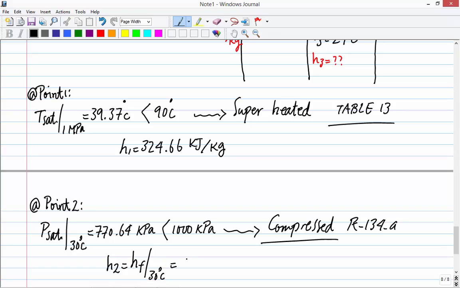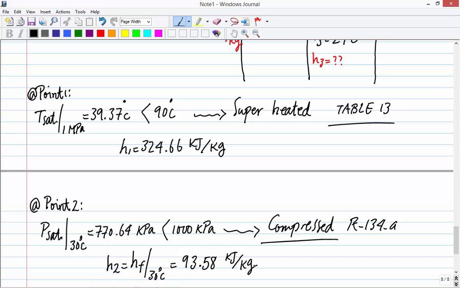It doesn't change that much, 93.58, because when you compress the liquid, well, it's not compressible, so nothing changes. When you increase the pressure, nothing changes. But if you change the temperature, they do.